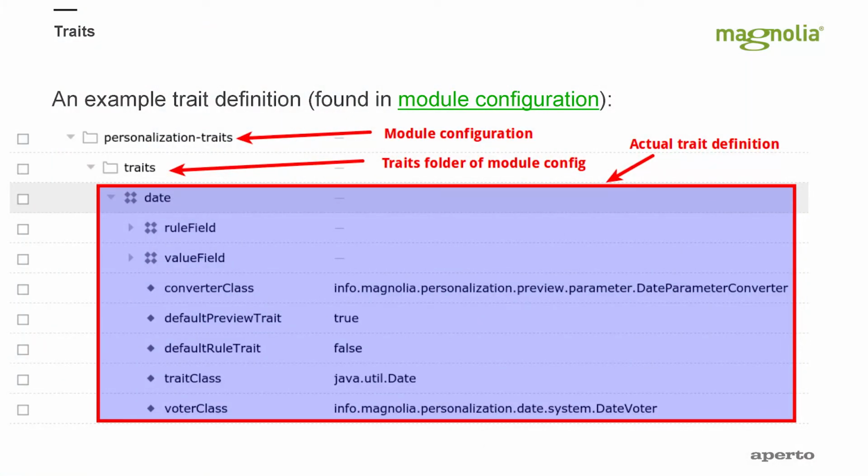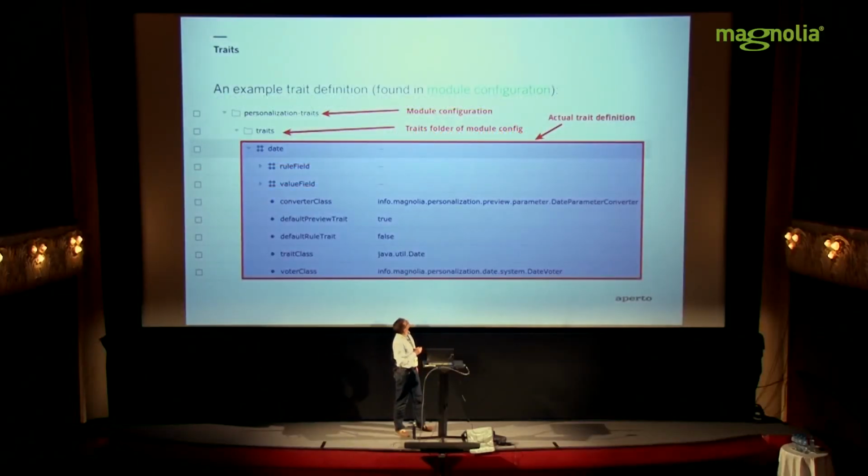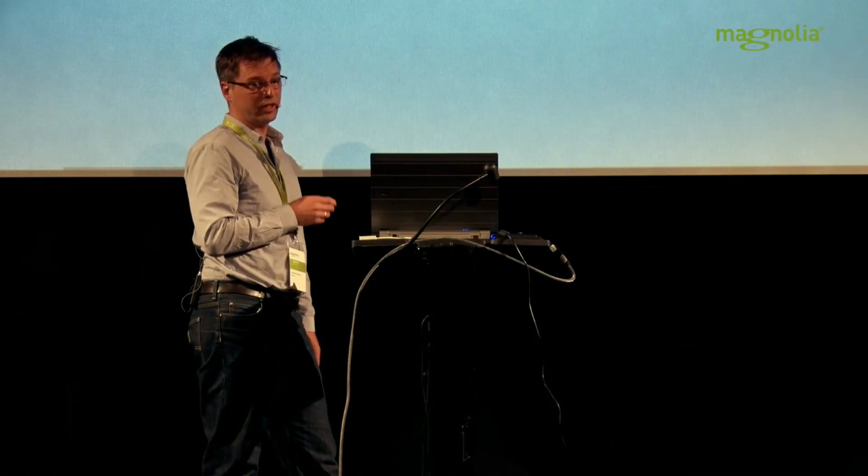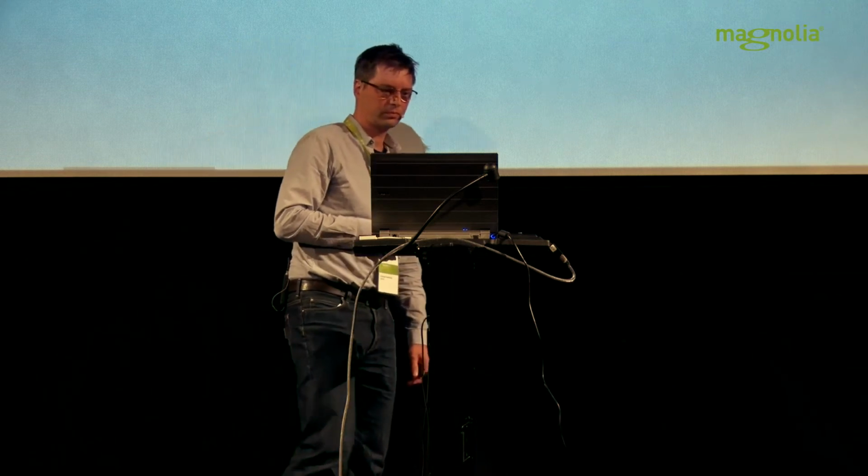Okay, so I mentioned traits a lot already. By the way, if you get the slides later on online as a PDF version or on SlideShare, if you click on links like these, they will take you to the Magnolia demo system, where you will then immediately see this exact configuration, in case you're interested. This is a trait definition.